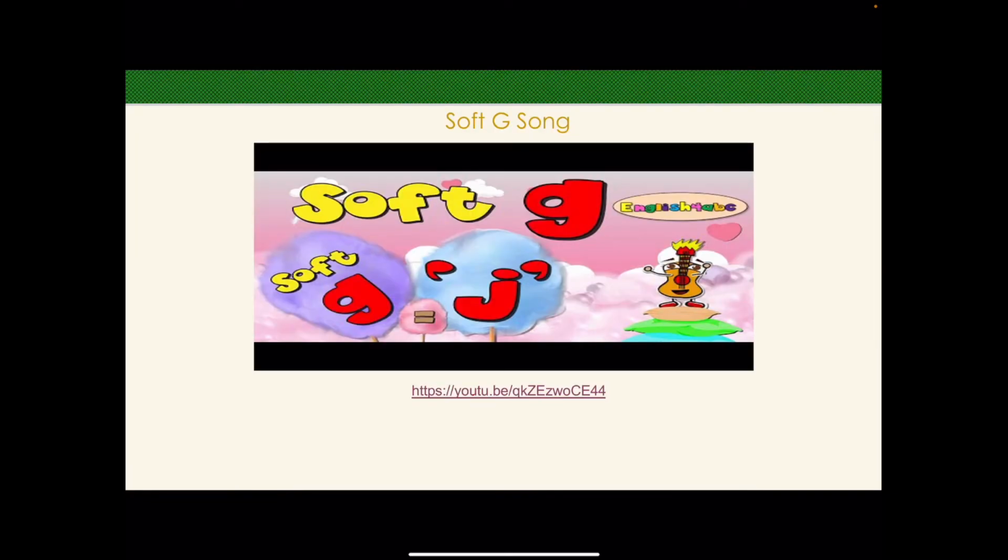This week we are studying the soft G sound. The G can make two different sounds. We have the hard G, which makes the g, g, g sound, like in the word goat.